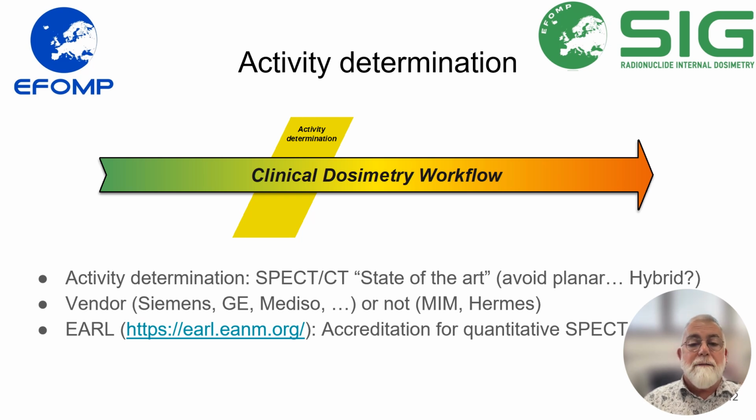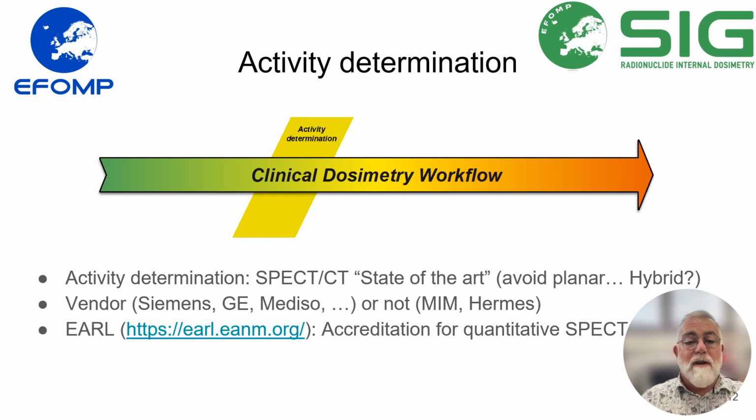You can have vendor-based activity determination. You have now more and more modules that are quite expensive but are given by the manufacturer, or you can use reconstruction and corrections and quantification made on vendor-neutral software like those proposed by this producer.